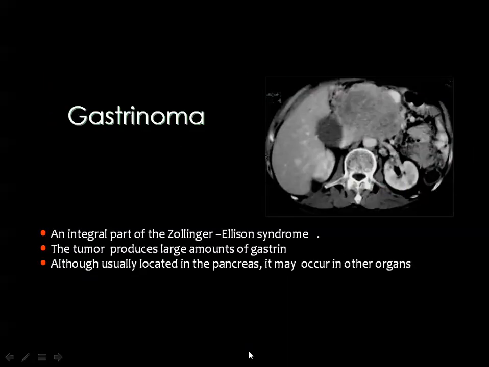This is a gastrinoma, a solid mass in the region of the pancreatic neck and body. You are not able from the imaging per se to suspect that this is gastrinoma unless you have the clinical data and you know that this patient had the triad of Zollinger-Ellison syndrome. Then you may predict that this is gastrinoma.